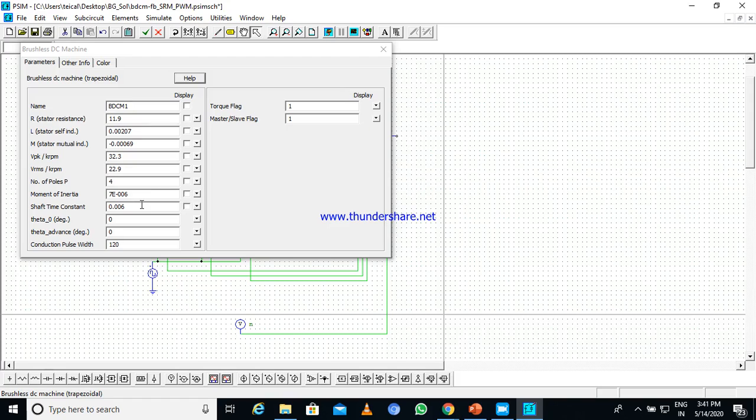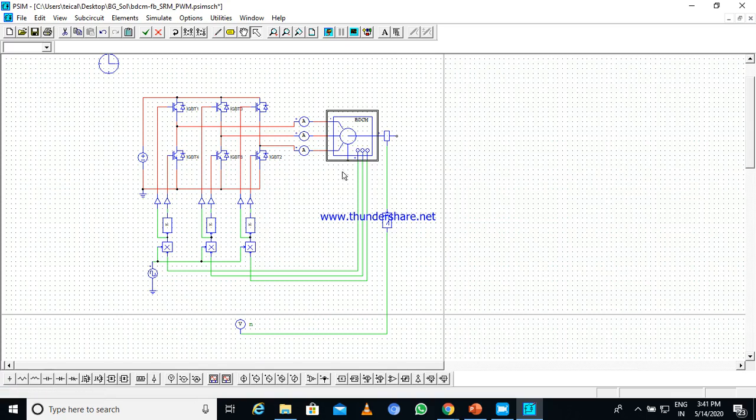This is the specification of the machine. Okay, so it is a 4-pole machine. These are all the parameters. Now these 3 lines, these lines and these lines, this is your Hall effect output. That means it will give whatever I have shown.